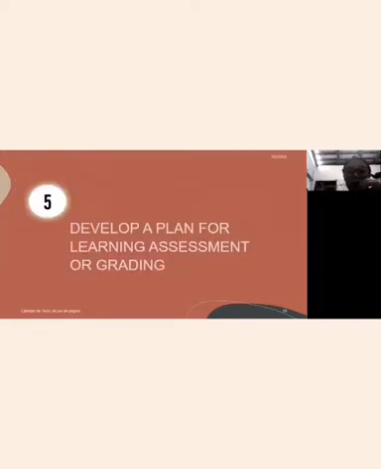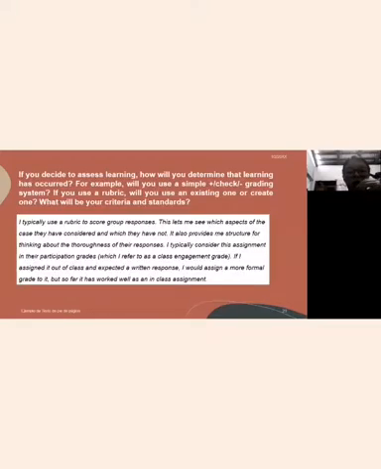Develop a plan for learning assessment or grading. If you decide to assess learning, how would you determine that learning has occurred? For example, we will only put a check, a tick, or something, a grading system.